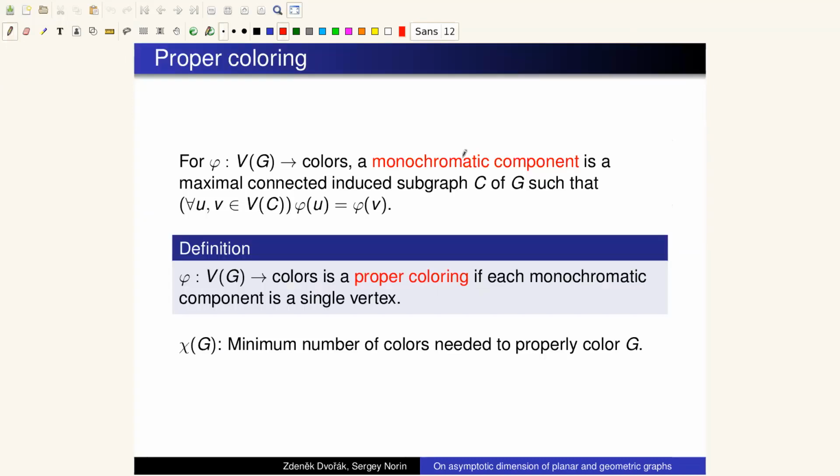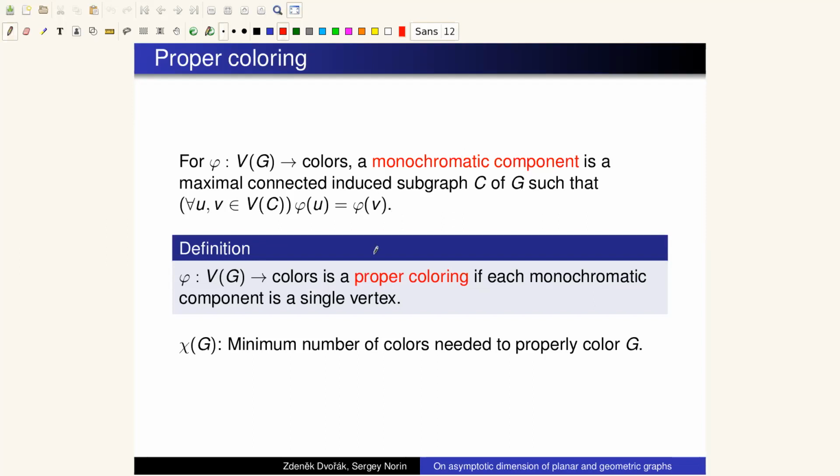So let's start with coloring, and with a definition of a proper coloring, which is needlessly complicated, but it will help us define other things. So let's consider some assignment of colors to vertices of a graph, and a monochromatic component is just a maximal connected induced subgraph where every vertex has the same color.